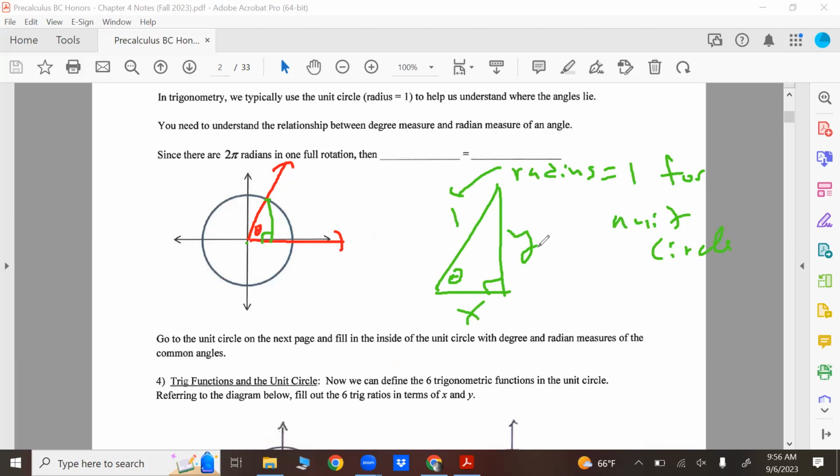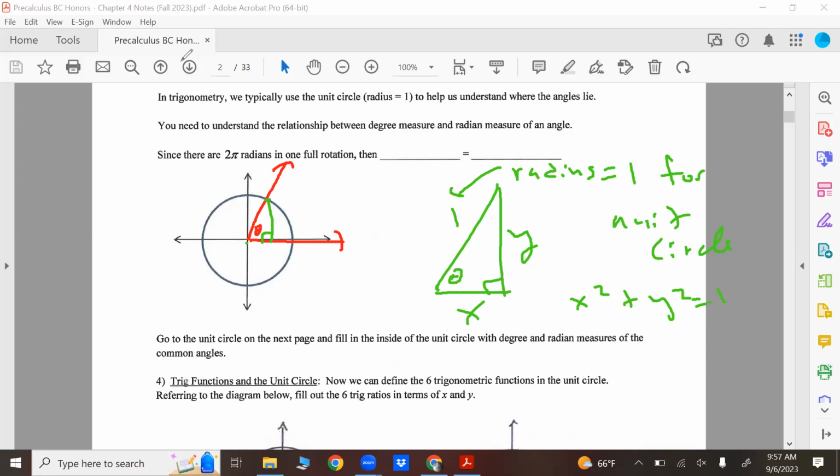What relationship or equation can I generate from this triangle here? Pythagorean theorem. So x squared plus y squared equals 1. That's also the equation of the circle. So we see a lot of connections now between plane geometry, coordinate geometry, and right triangle geometry.